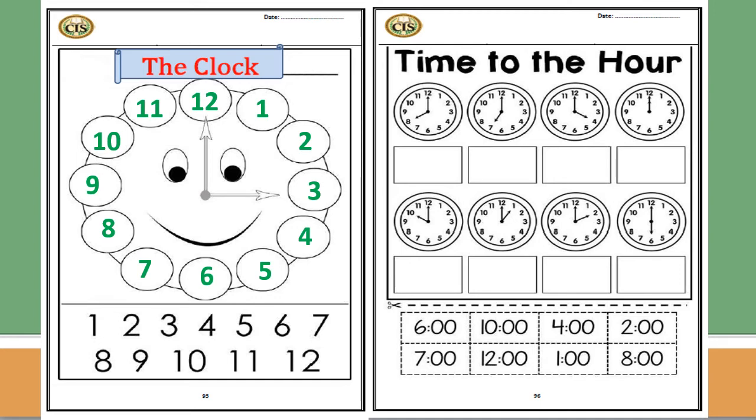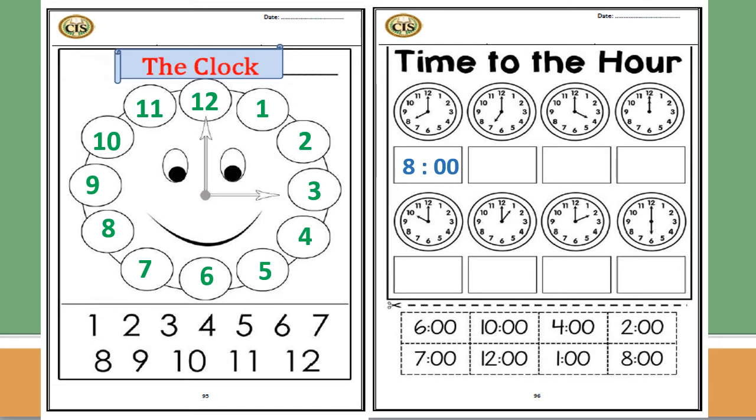On page number 96, we have groups of different clocks. In the first clock here, the short hand points to 8 and the long hand points to 12. In digital form, what does it mean? It means 8, 0, 0: 8 for hours, 0, 0 for minutes.